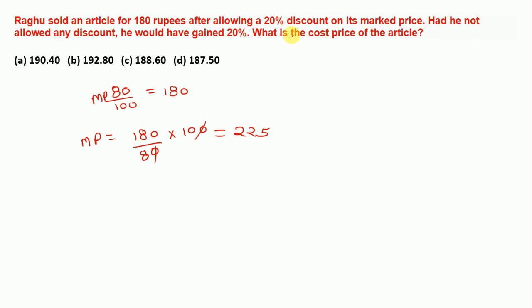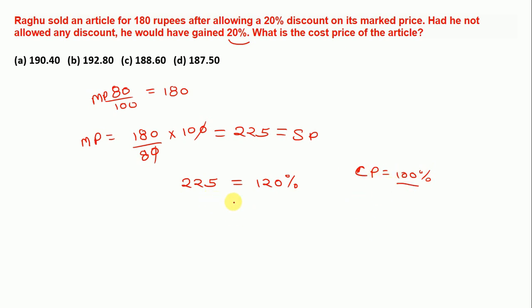Had he not allowed any discount, he would have gained 20%. If the selling price was this, then he would have gained 20%. So 225 is equal to 120%, because we are getting 120%, and we have let CP be equal to 100% here. And in every scenario, you have to let CP be equal to 100%.